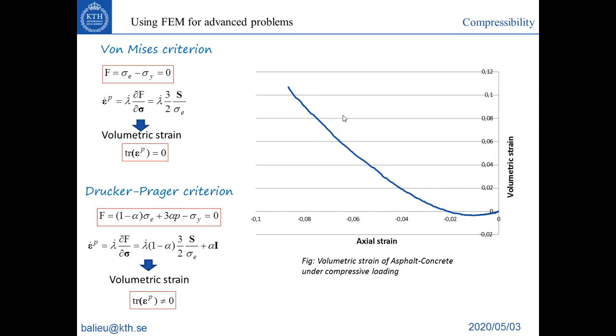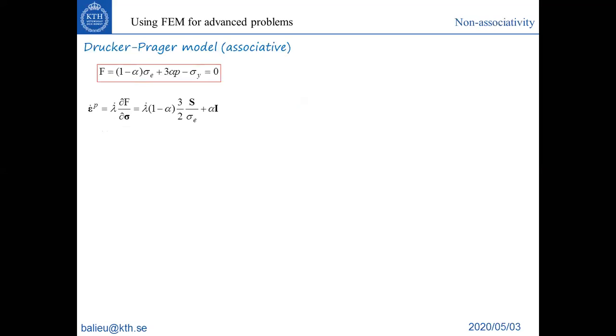That means you will not be able to model the real volume change of your material using the von Mises criterion, because this material changes volume with the plasticity, and with the von Mises yield criterion you will not be able to model the volume change due to the plasticity. So now I have described the evolution for the von Mises and the Drucker-Prager criteria.